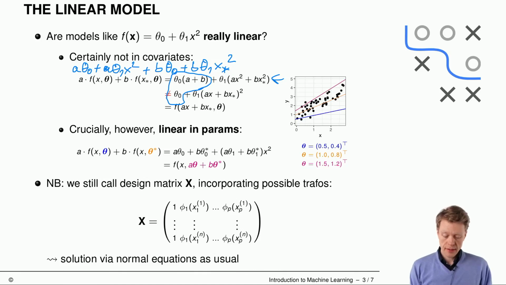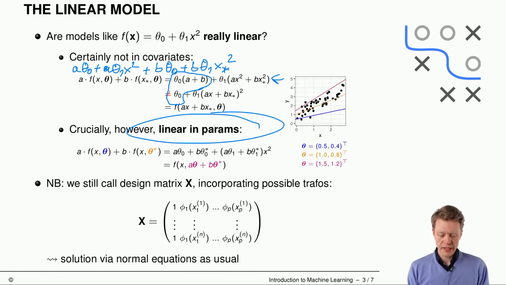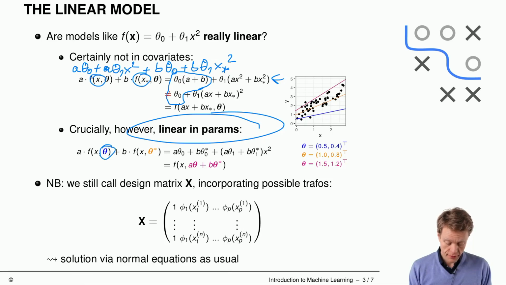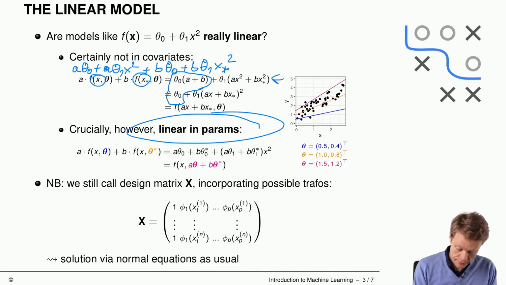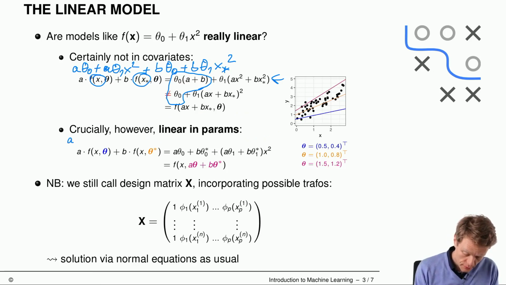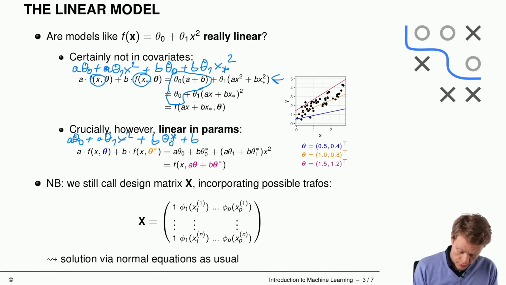But if we think in the parameters, we can see that this model is linear in the parameters, which means that if we do not alter the first argument of the function here, but the second argument of the function, theta and theta star, and then we just plug in the definition above, then we have a times theta 0 plus a times theta 1 x squared plus, and then the second part is b times theta 0 star plus b times theta 1 star x squared.